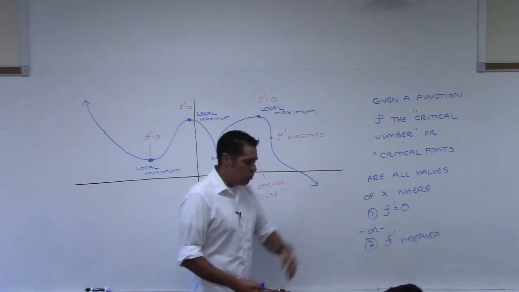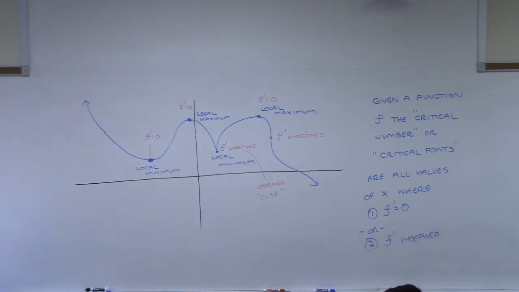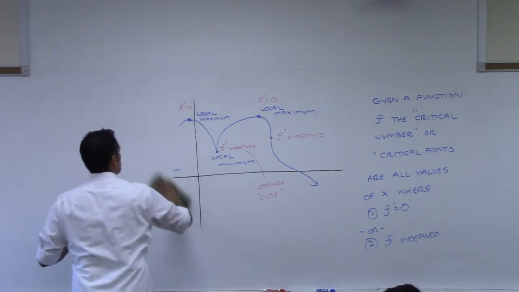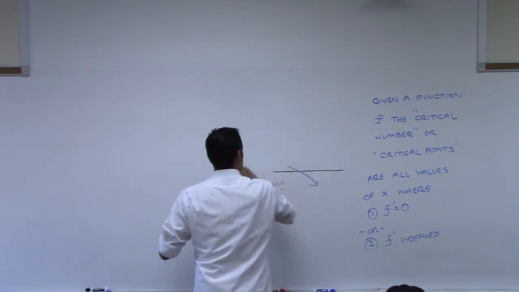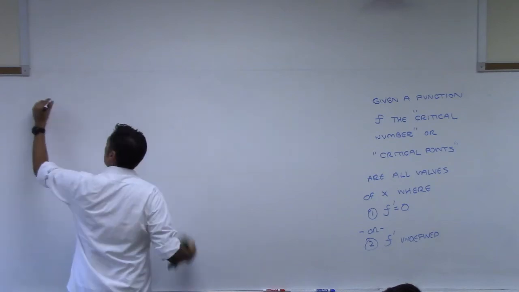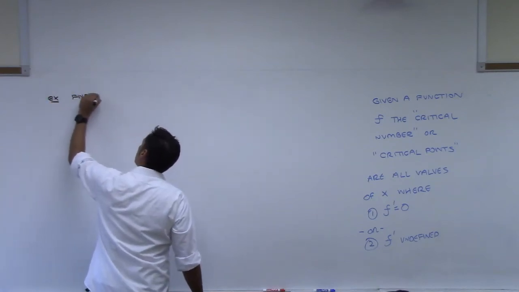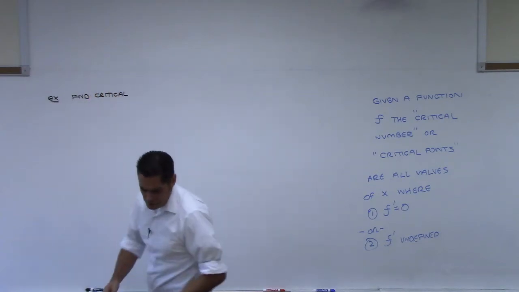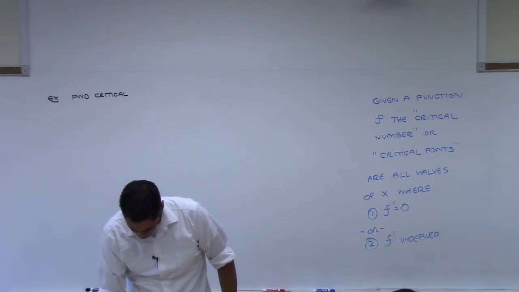All right? So let's just do one quick example, just so we can practice getting the critical points of a function. Maybe we'll do a couple of examples. Find the critical, let's see if the book's using points or numbers, I forget.